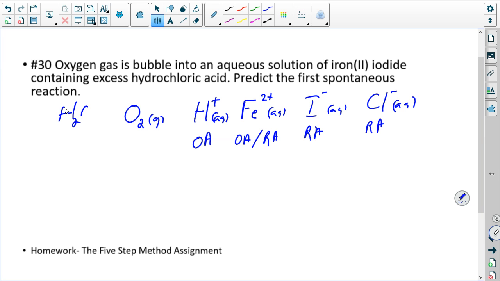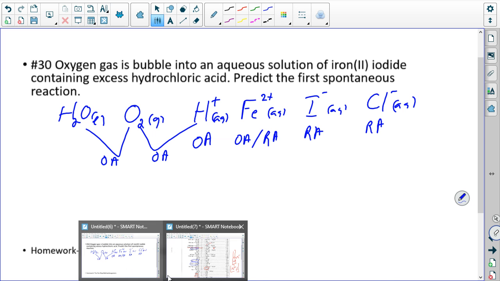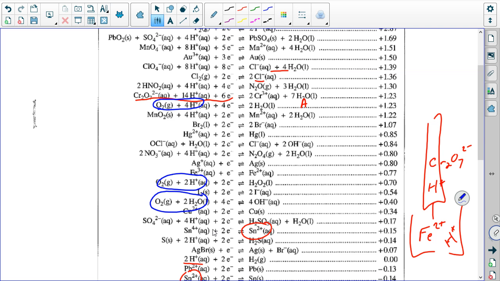I would take marks off myself. Which one of those is the strongest oxidizing agent? Okay, so that's the strongest one listed.